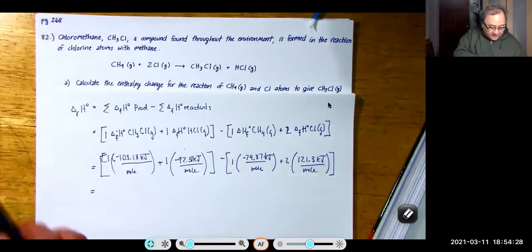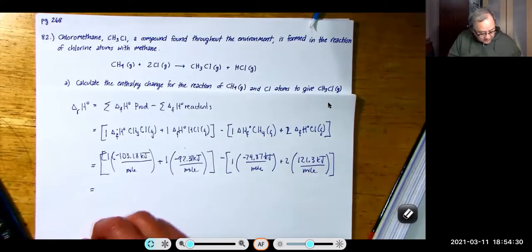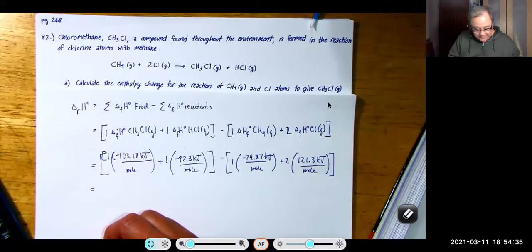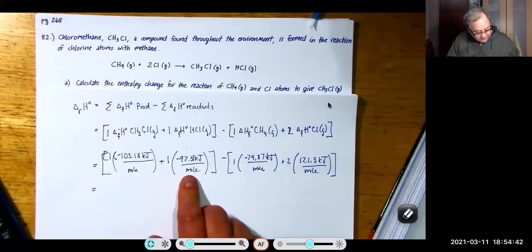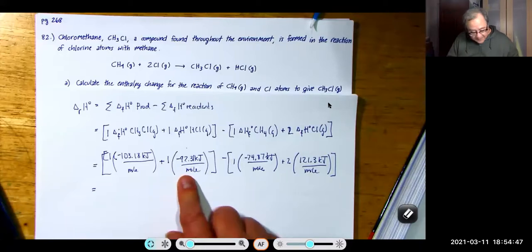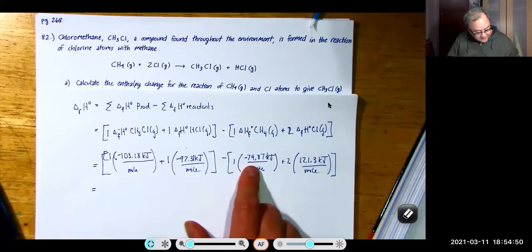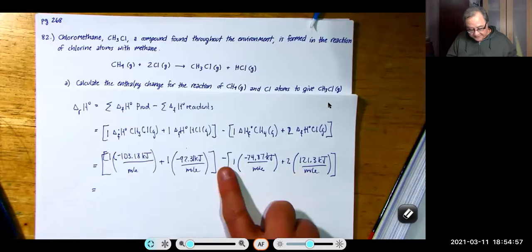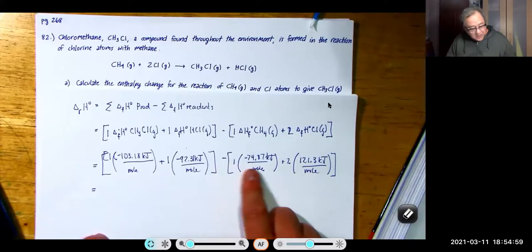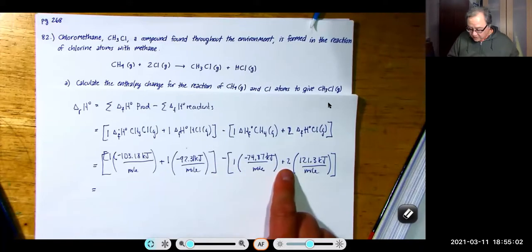So let's see what we get. Negative 103.18 plus a negative 92.31, and then minus a negative 74.87, and then minus 2 times 121.3.